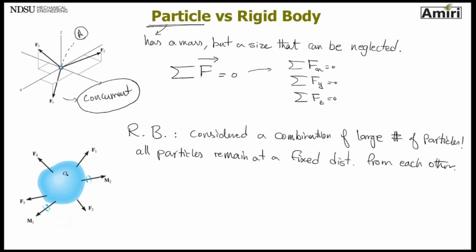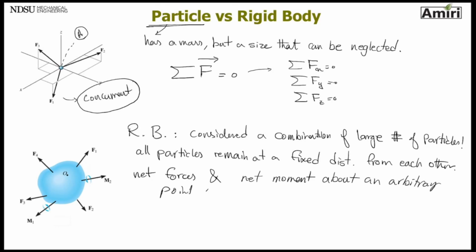So for a rigid body to be in equilibrium, the net forces applied to that rigid body, as well as the net moment about an arbitrary point, let's just call it O, must be 0.